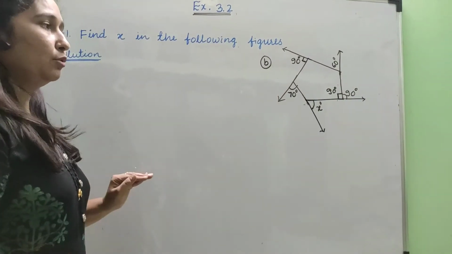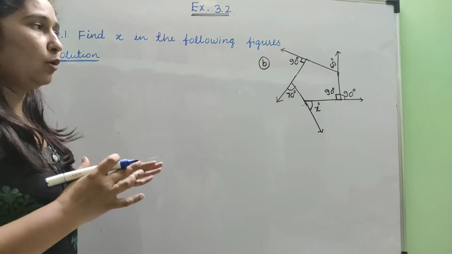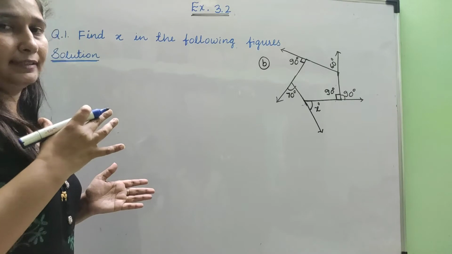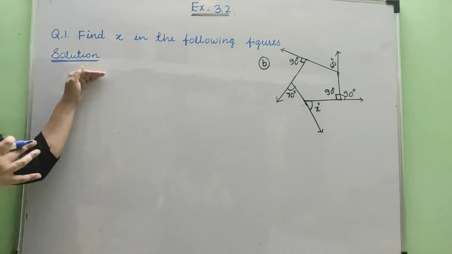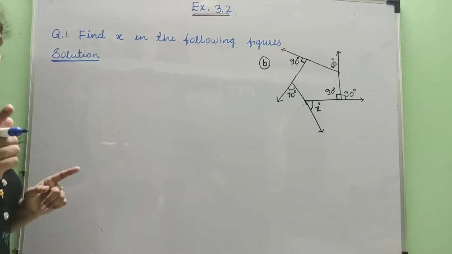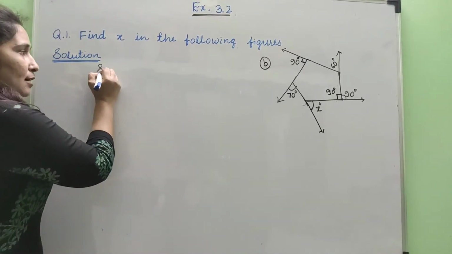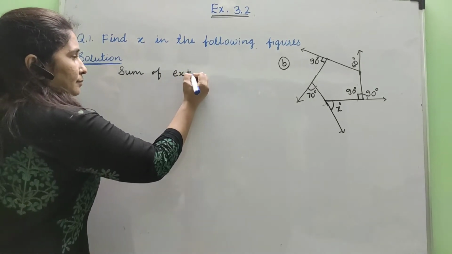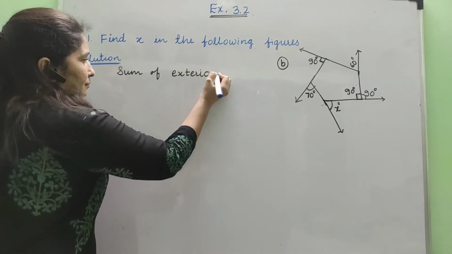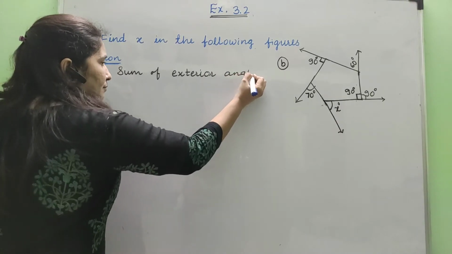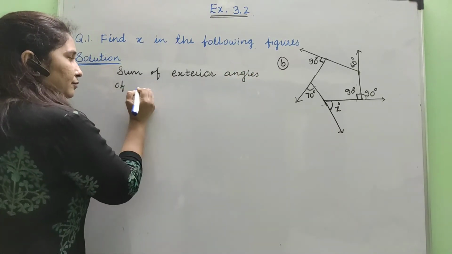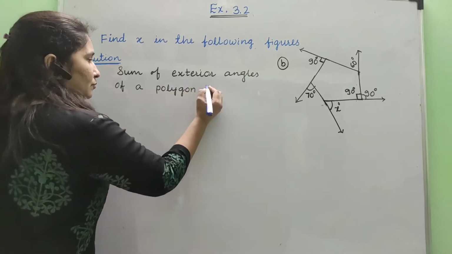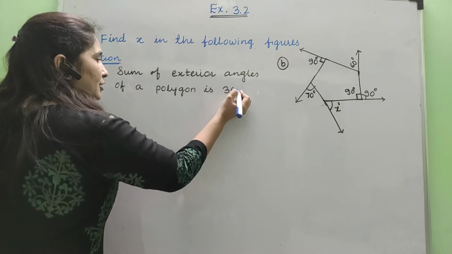Once you got to know the measure of the angles, now actually we will apply the property that sum of the exterior angles is 360 degree. So before solving the question, first you have to mention the property. Sum of exterior angles of a polygon is 360 degree.